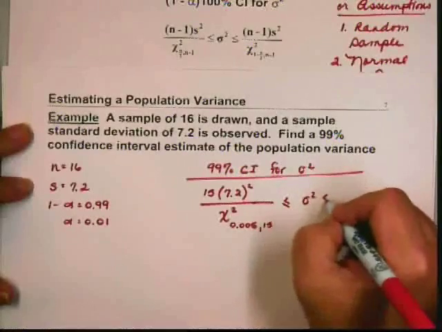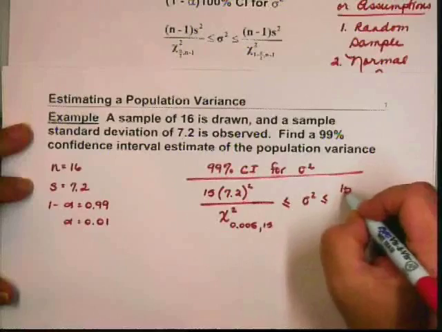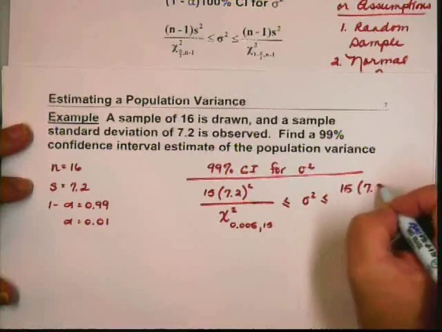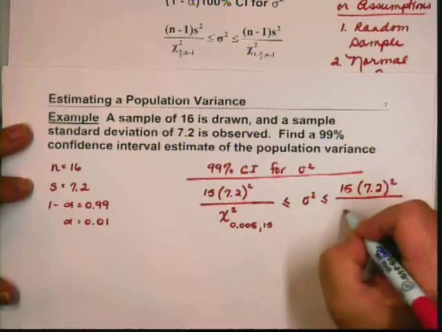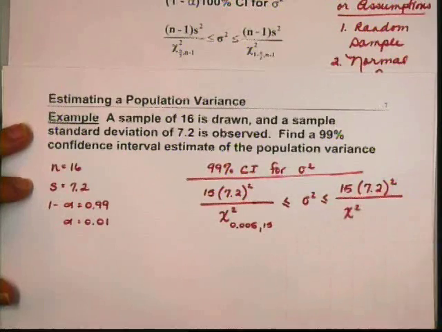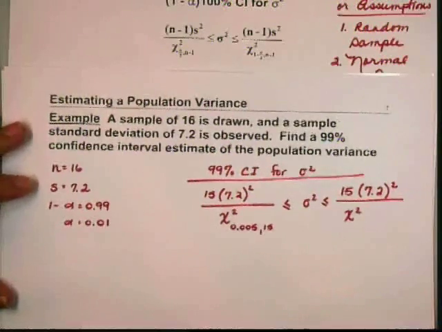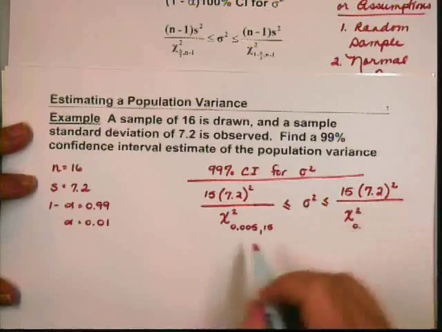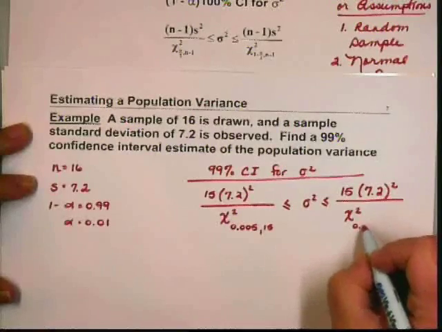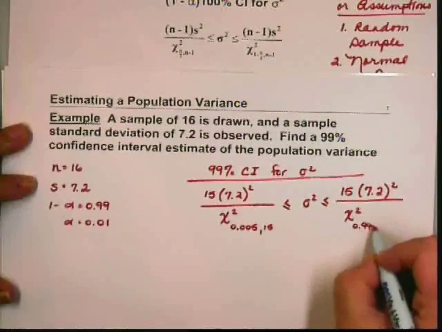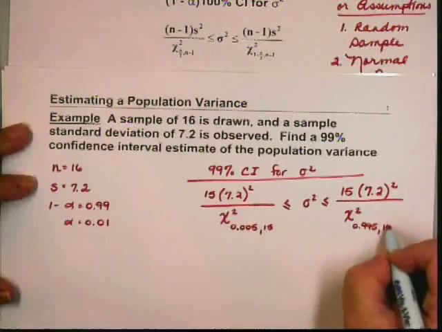Sigma squared, less than or equal to, numerator's the same, 15 times 7.2, only the 7.2 is squared, divided by a critical chi-square value with what right-hand area? If this is 0.005, then this has to be 0.995, right? Those two areas have to add to 1, and still 15 degrees of freedom.